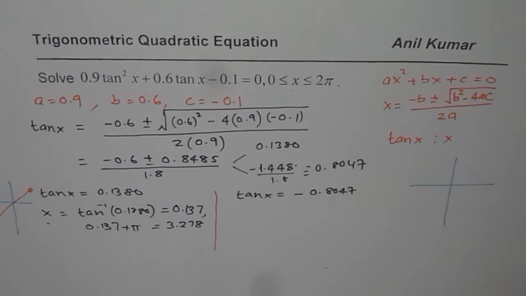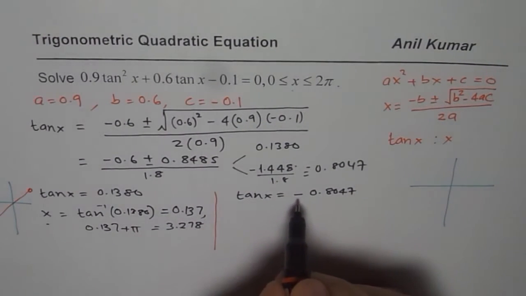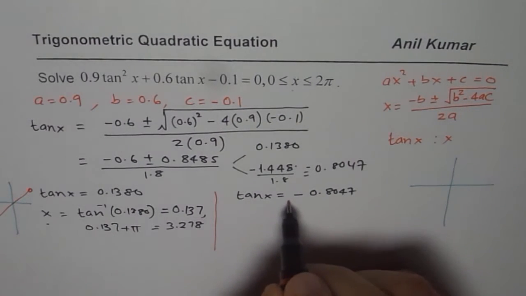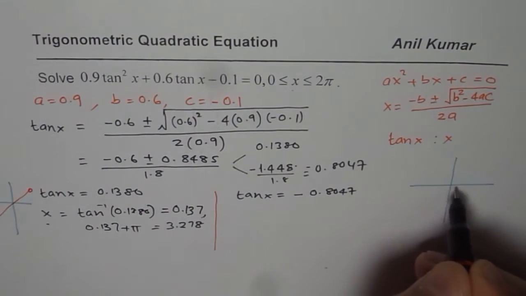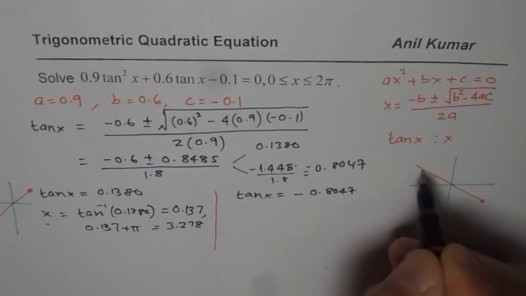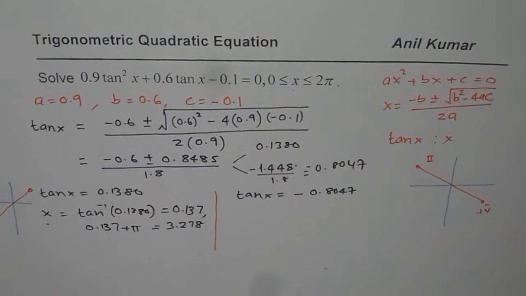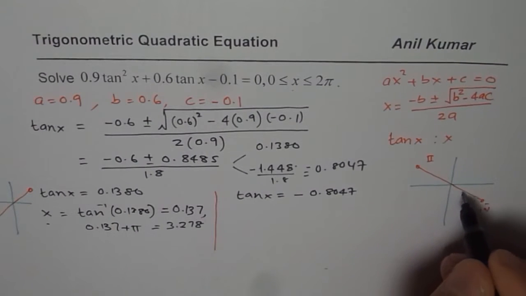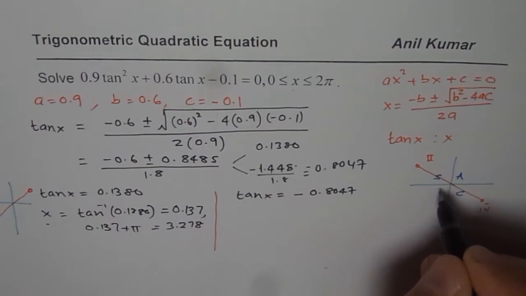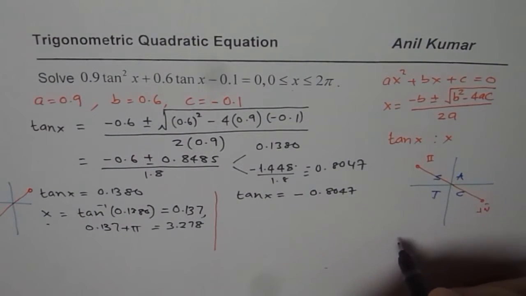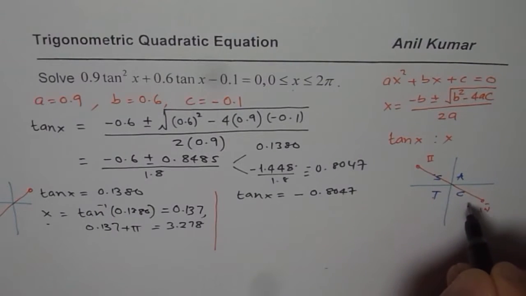Let me explain this part. We actually want to find two answers for which tan is negative. That means we are expecting solutions in quadrant 2 and 4, right? You remember the CAST rule? The CAST rule is tan is positive in first and third quadrant, but negative in second and fourth.